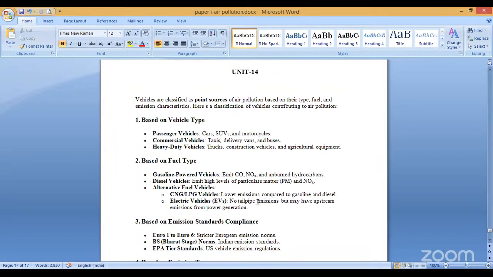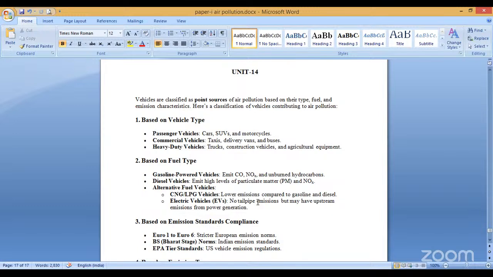Then coming to the next one, unit 14: Vehicles. In this unit 14, we are going to discuss what types of vehicles there are and what types of emissions we are adding into our environment. Vehicles are classified as a point source of pollution based on the type of fuel and emission characteristics.